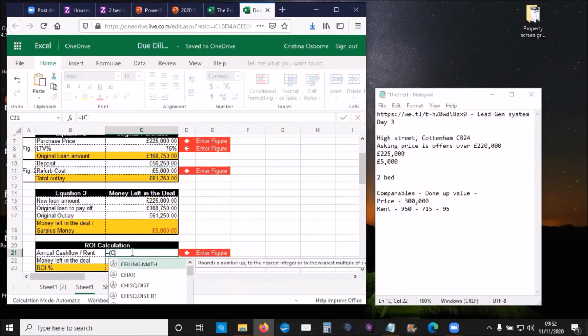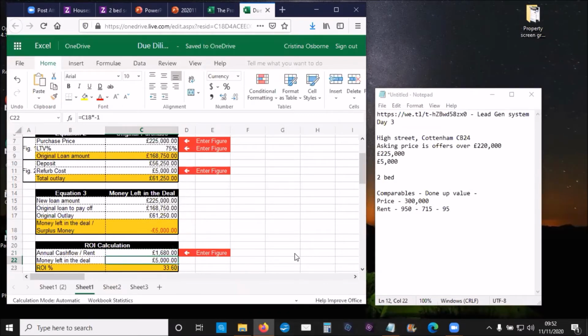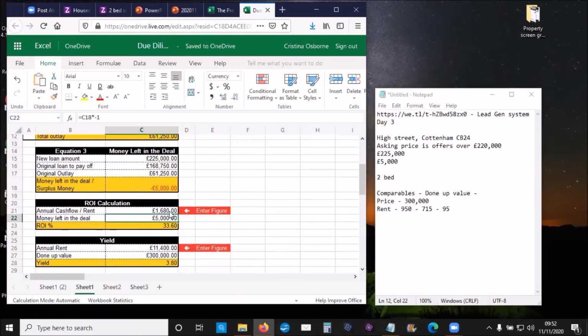So we've got here annual cash flow is 950 less an estimated mortgage of 715 less 95, multiplied by 12. So the annual cash flow is not massive, it's 1,680, but the money left in the deal is pretty low, at £5,000.